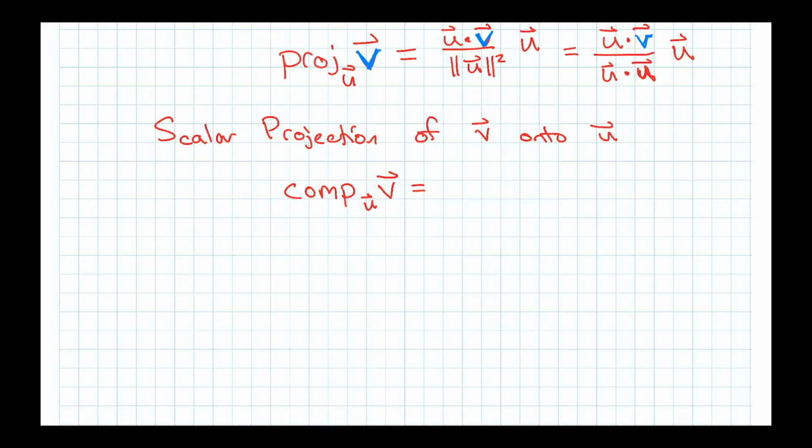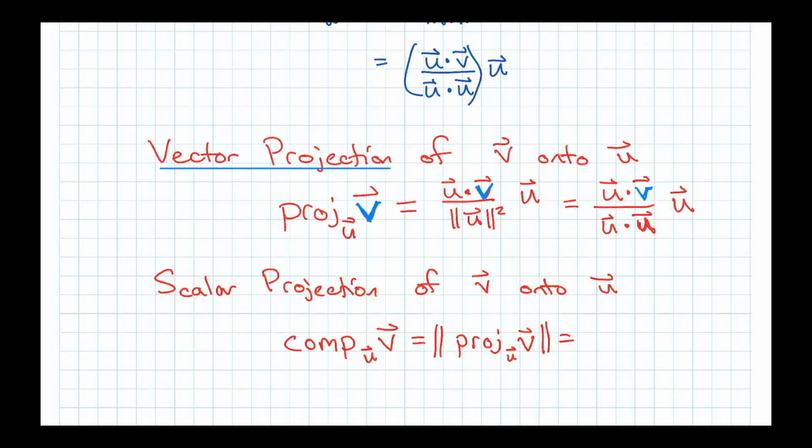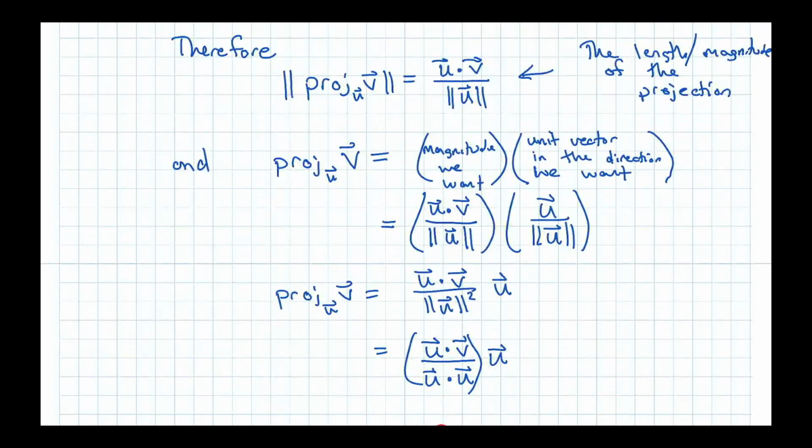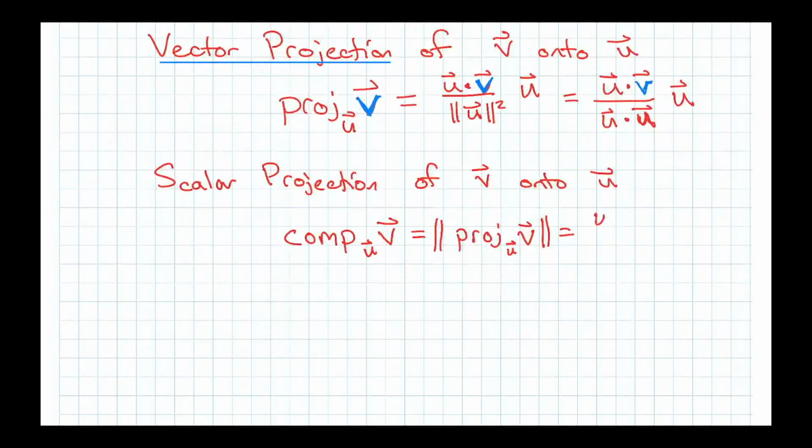And by definition, it's the magnitude of the projection of v onto u. And we calculated it already. It was up here, this thing, u dot v over magnitude u.